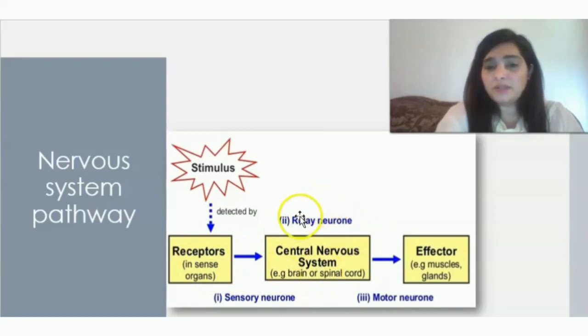So relay neuron is present in the central nervous system. Central nervous system means brain or spinal cord. After that, from the central nervous system, with the help of relay neuron, the electrical impulse is transmitted to the effector with the help of motor neuron. Effector, for example, muscles or glands.